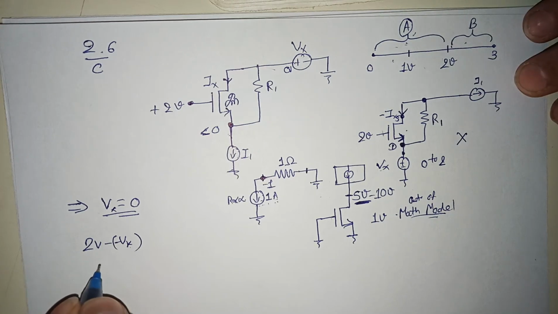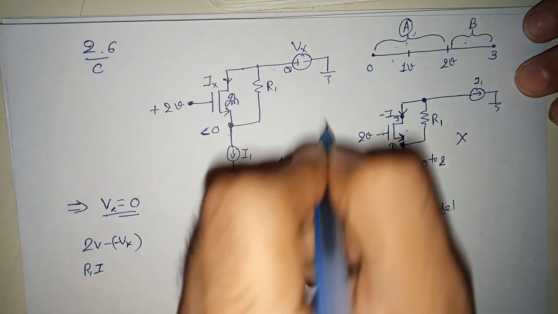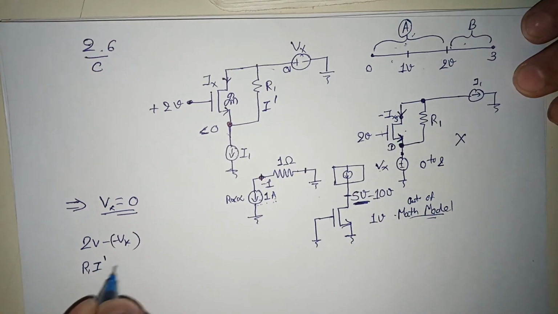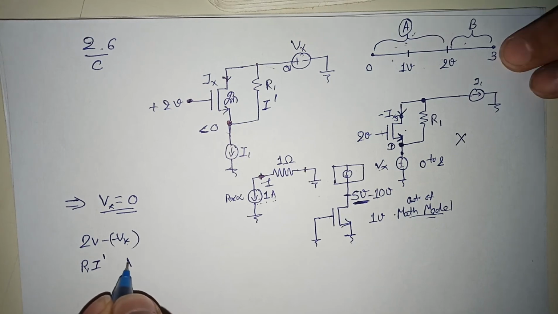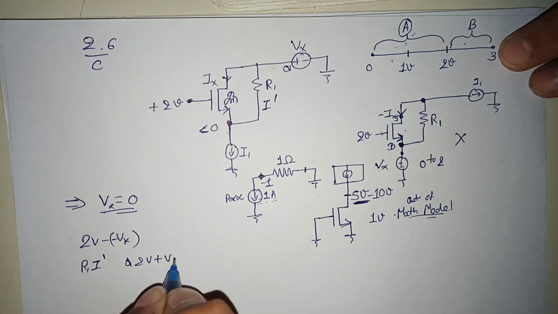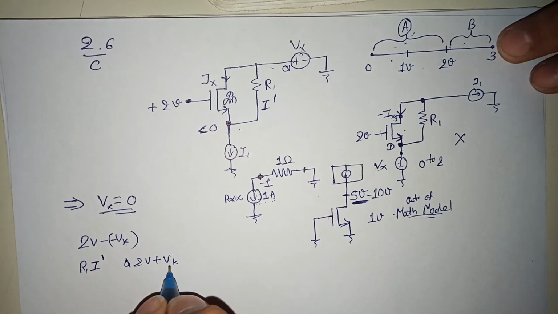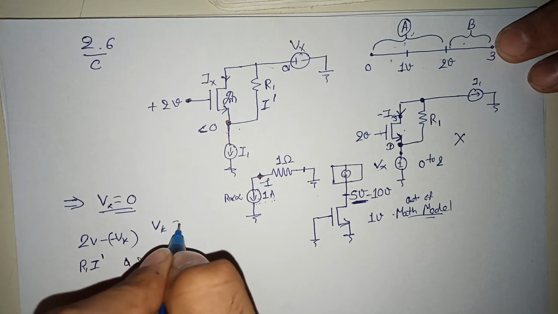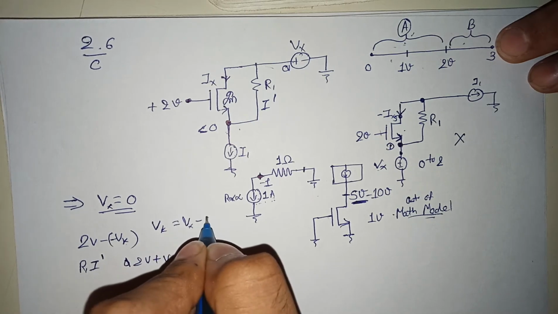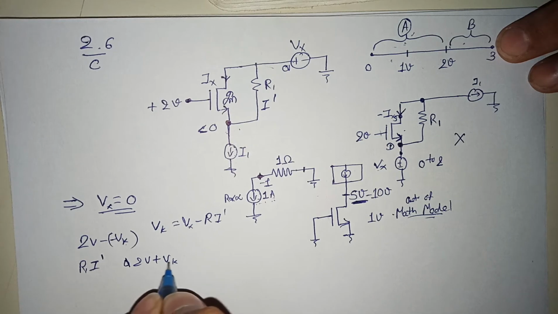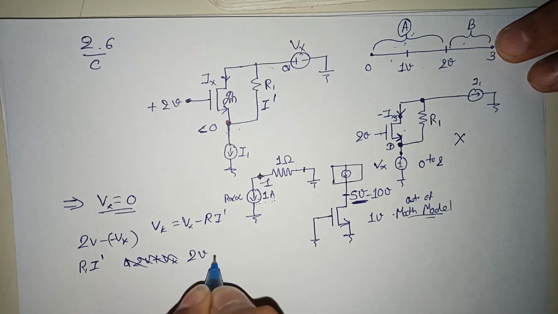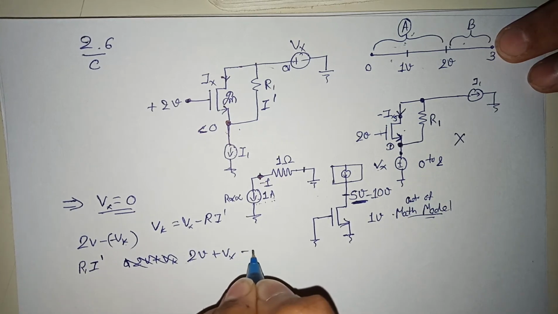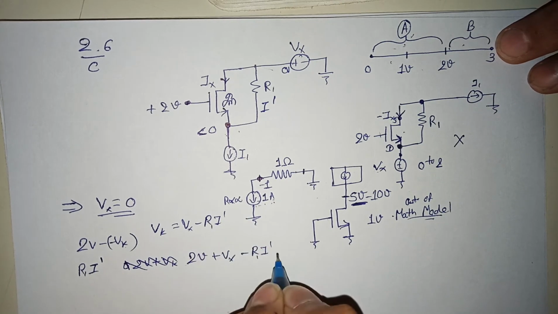If you calculate that, R1 and let's say I dash, R1 I dash is VDS, and your VGS minus VTH is 2 volt plus Vk, some volt here. This Vk we can write like Vx minus R1 I dash. Let me put that value here: 2 volt plus Vx minus R1 I dash, minus 0.7.